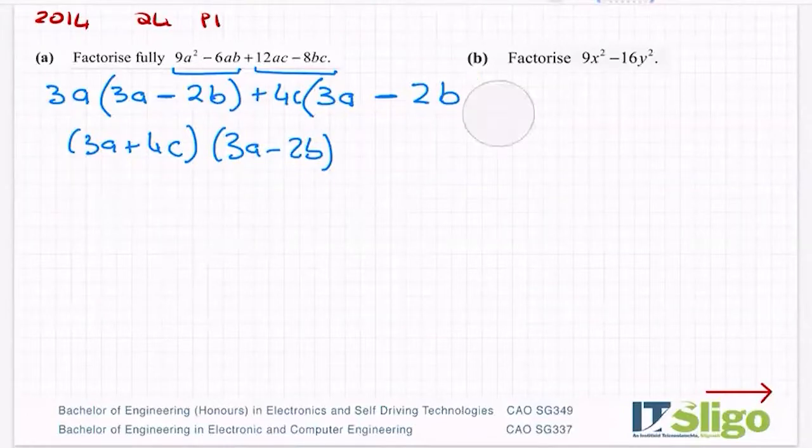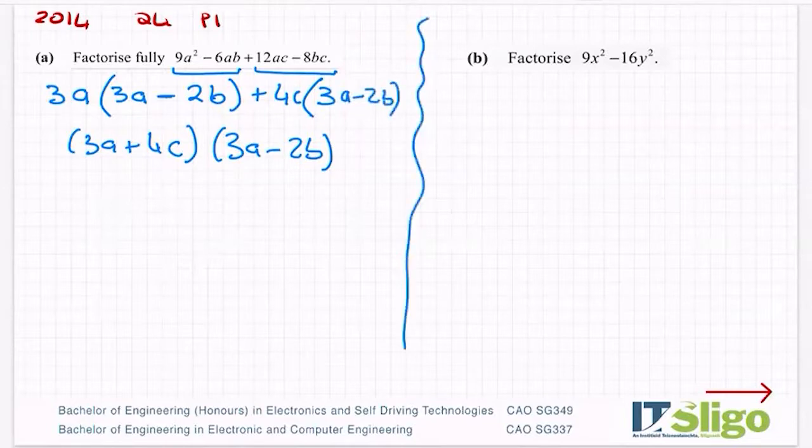Okay, I'm just going to write this one a bit smaller because I've gone over on the other part. Okay, so full marks, they are the factors of 9a squared minus 6ab plus 12ac minus 8bc.